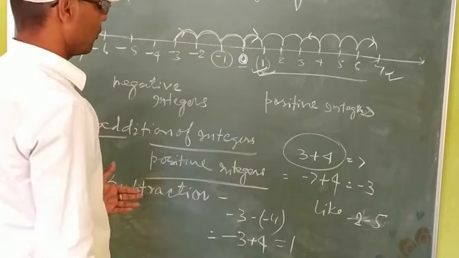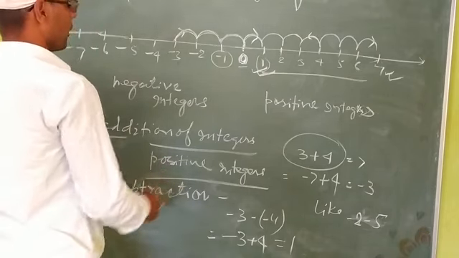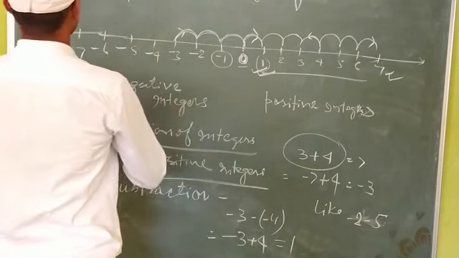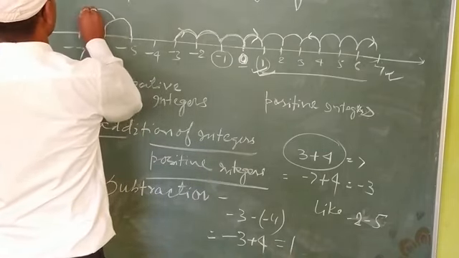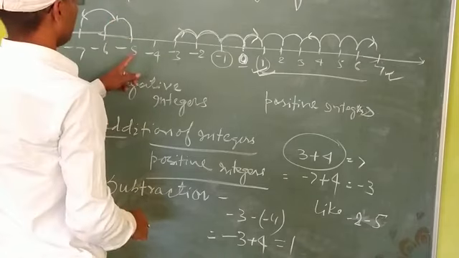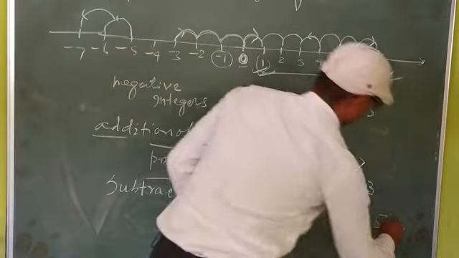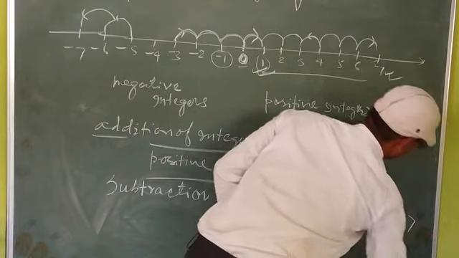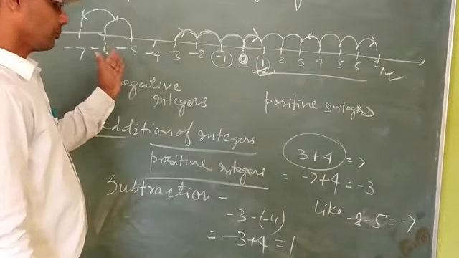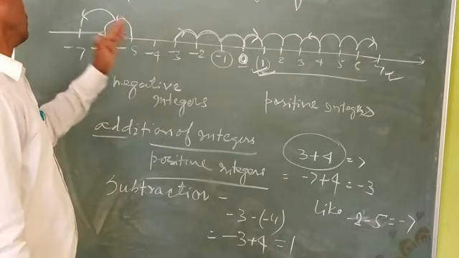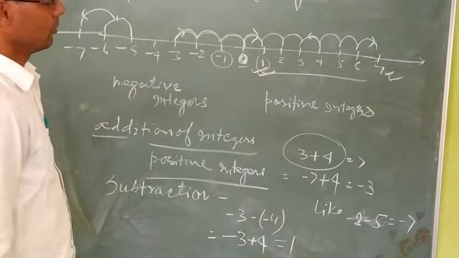From which side will we move? If here is -5, here is 1, 2. What will be its result? -7. Which side do we move? From 0 to the left.